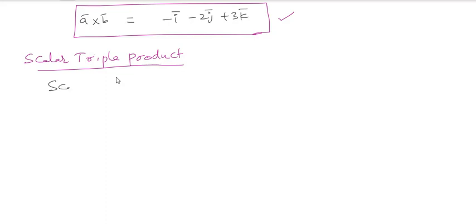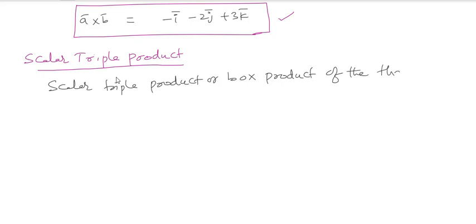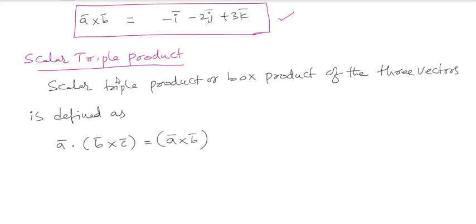So the scalar triple product, which is also called the box product of the three vectors, is defined as: a bar dot b bar cross c bar, which is similar to a bar cross b bar dot c bar, which is equivalent to the box product.